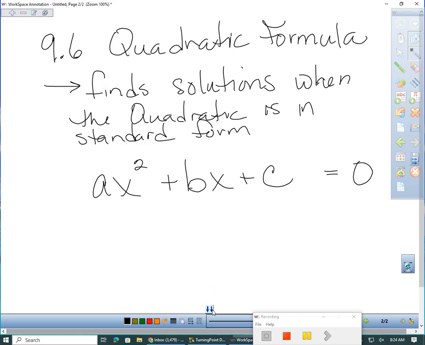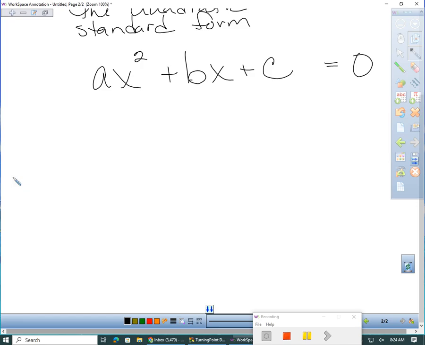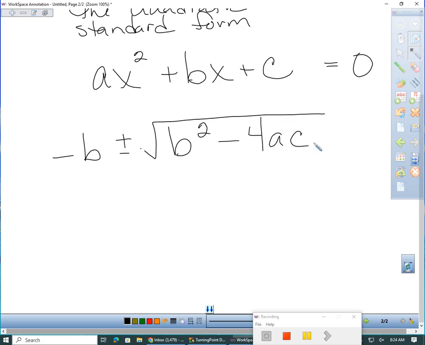Quadratic formula. And don't panic when you see it. It's actually way easier than it sounds. It is negative b plus and minus the square root of b squared minus 4ac, all over 2a.